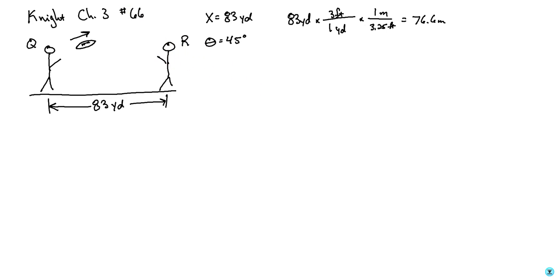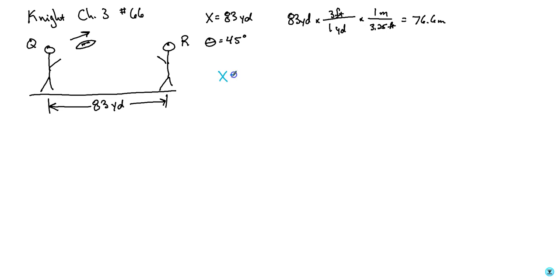So we would like to find out at what speed he had to throw that football. If we look at the information we have, it's in the x direction, and we need to find that speed. So that's where we have to start.